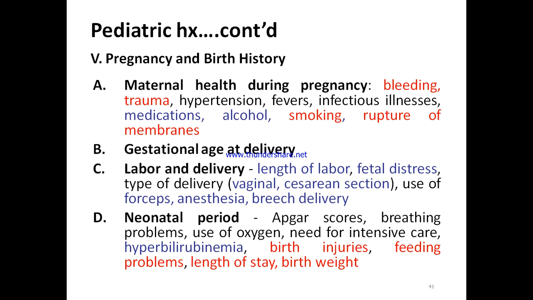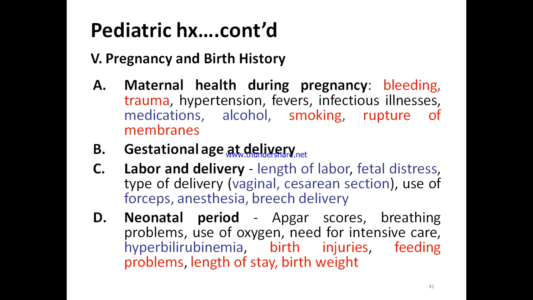Hyperbilirubinemia means the liver or intestines are unable to excrete harmful substances because of immaturity of the organs. Also birth injury, feeding problems, length of stay in the hospital, and birth weight are crucial.